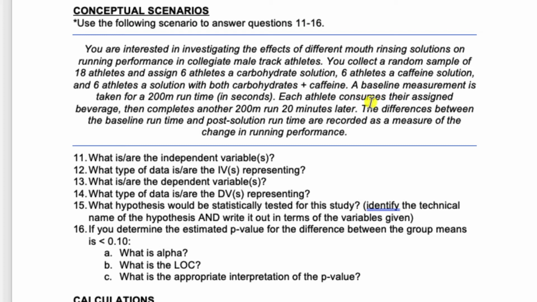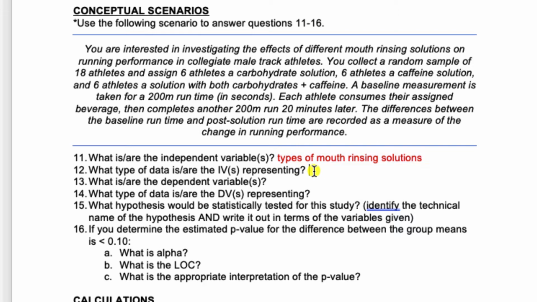So, what is the independent variable or variables? Well, in this case, we only have one independent variable, and that is the different mouth rinsing solutions, because that is the variable that we are directly manipulating in our design. So, types of mouth rinsing solutions, and I'll put this in red.